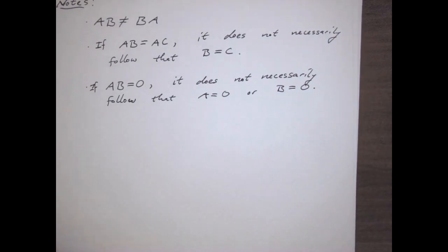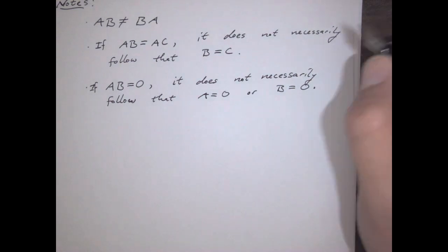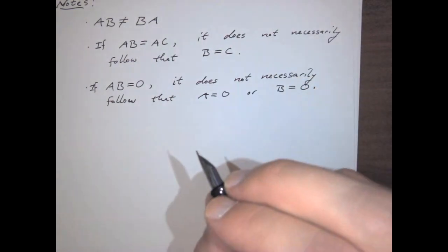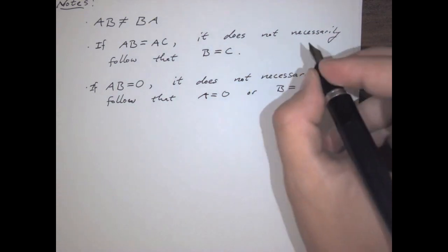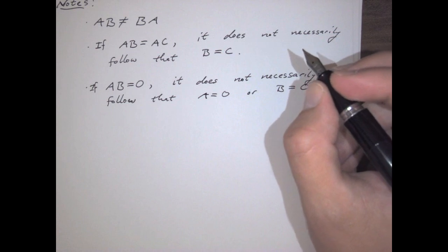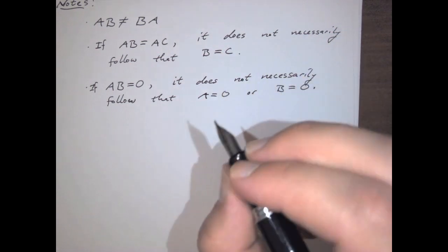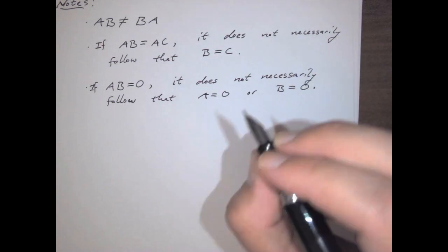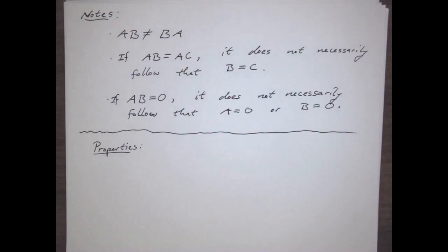They could both be non-zero, and the product could still equal 0. So if you recall, back when we were first dealing with algebra, this was the key to solving things that could be factored. If you could factor it, then you could tell that if the product was going to equal 0, one of the two factors must have equaled 0. That is also not the case here. So what this means is most of the rules of algebra are going to require a little bit of careful handling if we want to use them for matrices.